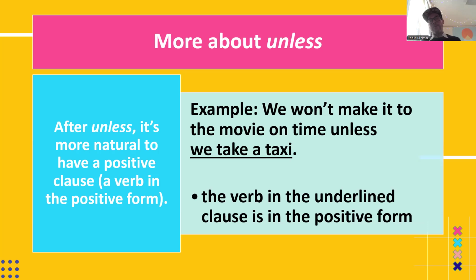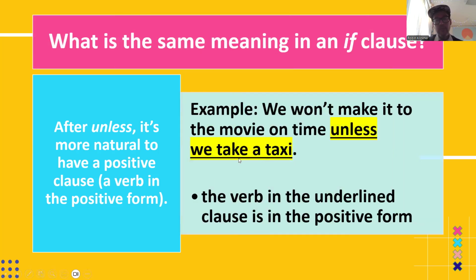And so that's why technically grammatically it's correct. But after unless, it's very good to only use a verb in the positive form. So we take a taxi, that's in the positive form. It's not we don't take a taxi. Okay, and because that has the same meaning as if we don't take a taxi.